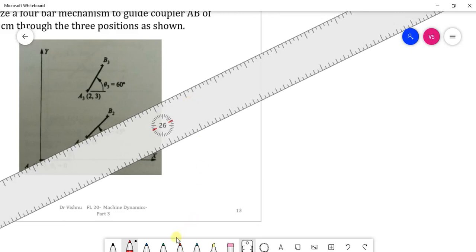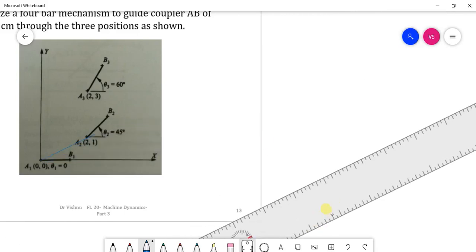Okay, so let me draw a line, a blue line, which is between A1 and A2. Once I draw this line A1, A2, I have to draw a perpendicular bisector as we discussed.